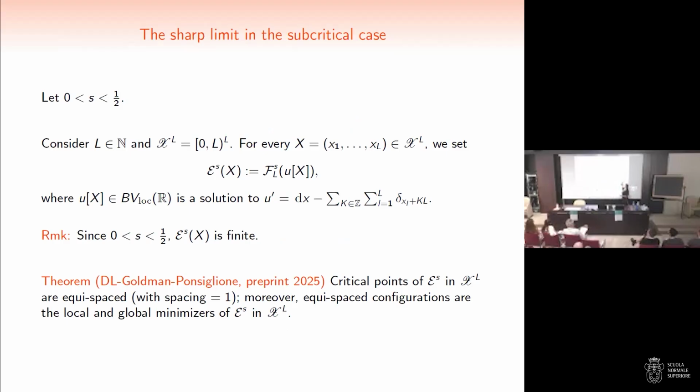This can be done when s is in the subcritical case. So the fractional Gagliardo seminorm, when s is subcritical, is finite. And this kind of limit, as epsilon goes to 0, allows me to define the energy not on the cores, but as an energy that depends on these point singularities denoted by this capital X. The energy is defined as the fractional Gagliardo seminorm of the function u of x, the function that satisfies this condition.